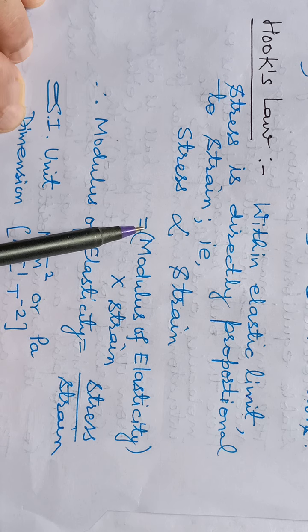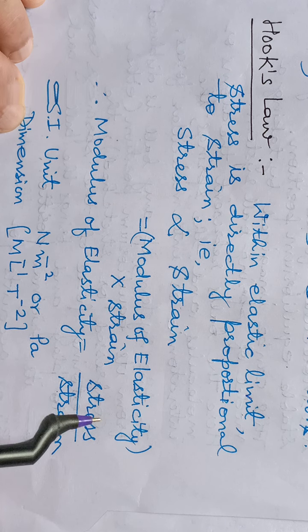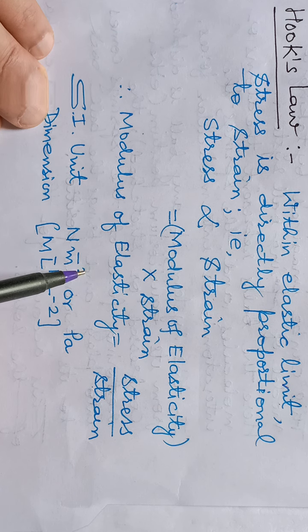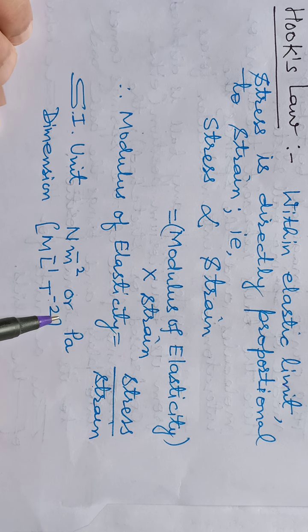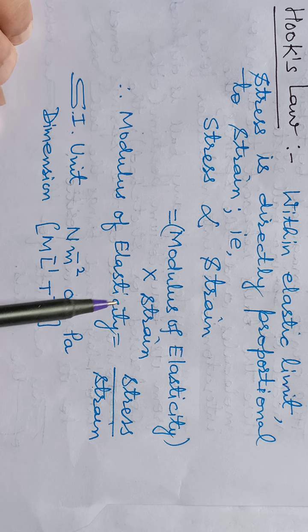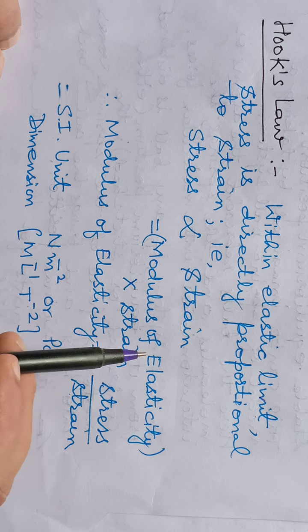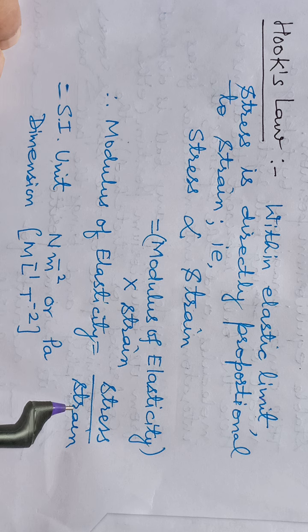So stress is equal to modulus of elasticity into strain. Therefore, modulus of elasticity is stress upon strain. Its SI unit is Newton per meter square or Pascal, and dimension is ML^-1T^-2. Just recall that the dimension and unit of this modulus of elasticity are the same as that of stress, because strain is a dimensionless quantity. So now tell me, what are the different physical quantities having the same dimension and same unit, but they are different?